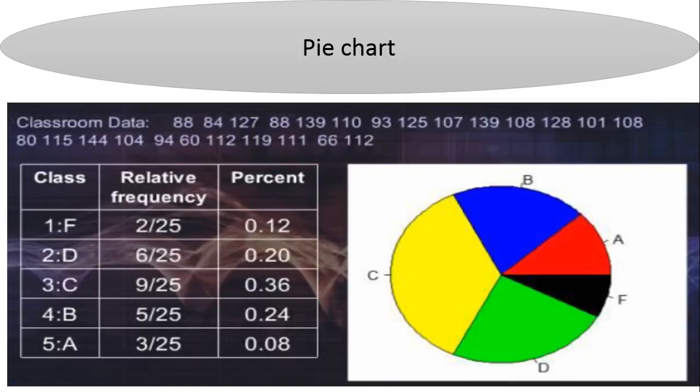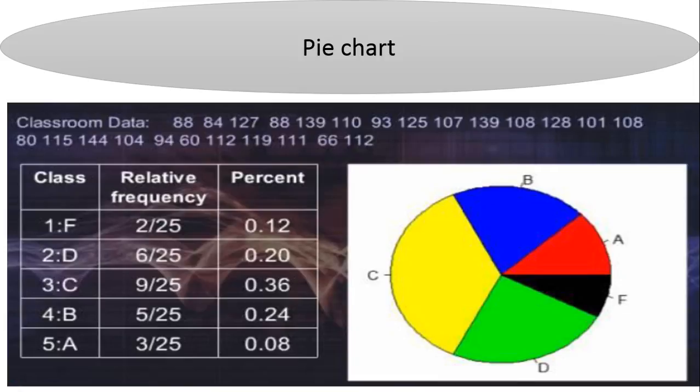So the area of any part of the pie chart is proportional to the relative frequency, and you can see the representation on the right of your screen.